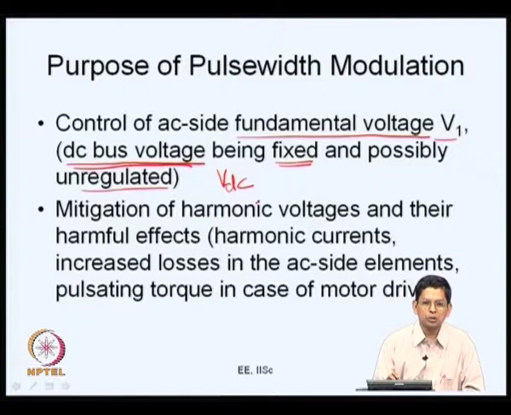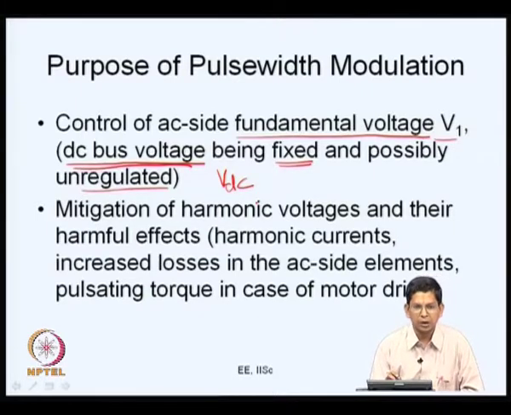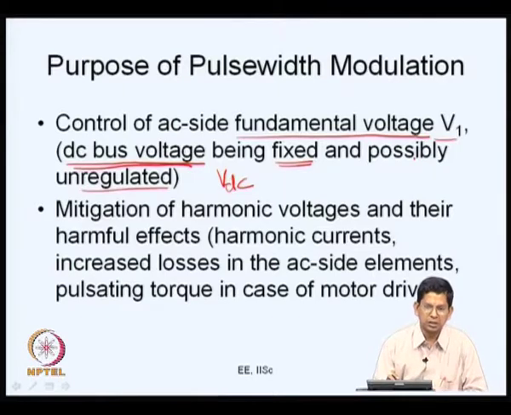There are other cases where you may also have to control the frequency of the fundamental voltage, and there is also the phase of the fundamental voltage, etc. So, controlling the AC side fundamental voltage given a fixed DC bus is one of the goals of pulse width modulation. Beyond that, what you produce on the AC side is not a sinusoidal waveform.